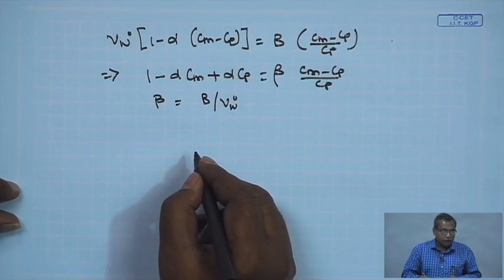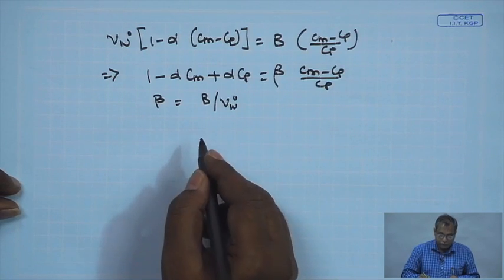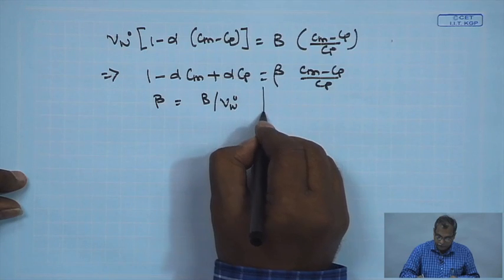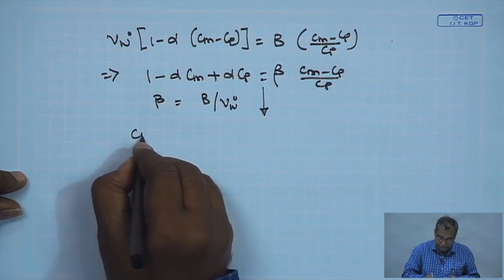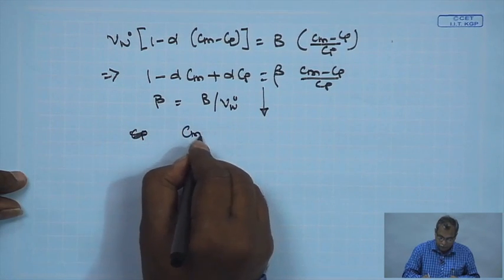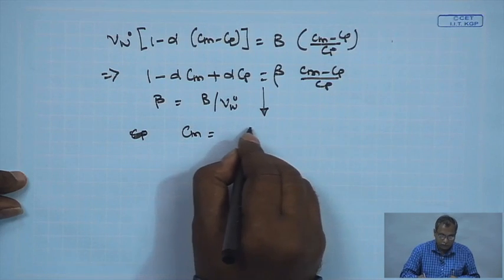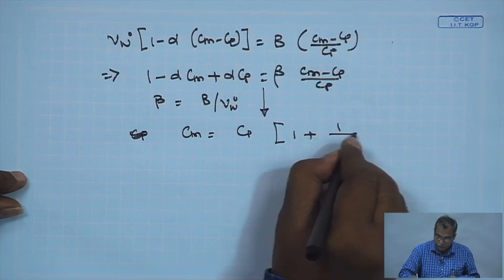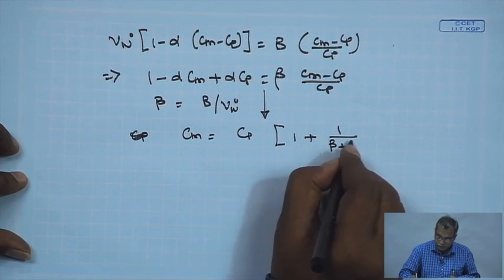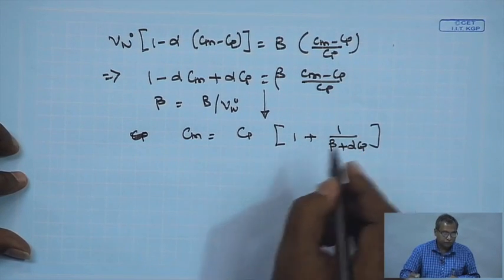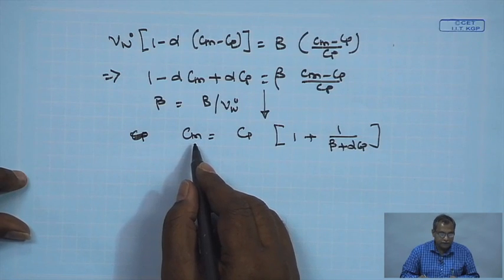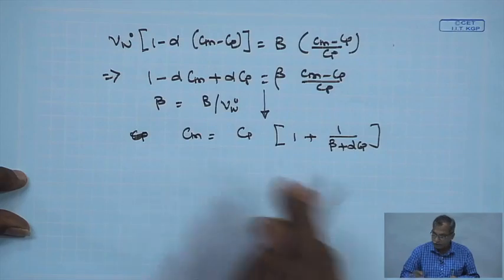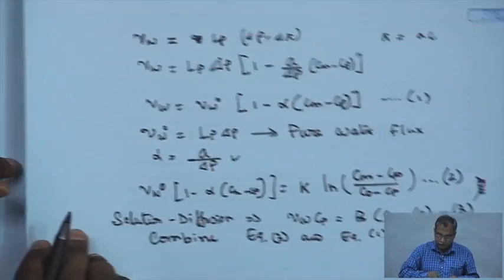From this equation, the membrane surface concentration is obtained in terms of permeate concentration. So, from this we can get Cm, the membrane surface concentration, as a function of permeate concentration Cp into (1 plus beta plus alpha Cp). Now, this expression of Cm can be put into the equation that we have already talked about, equation number 2.